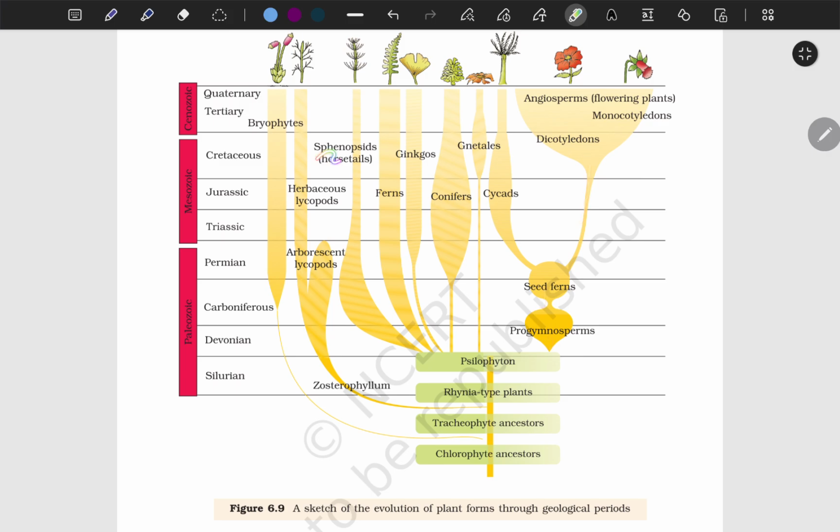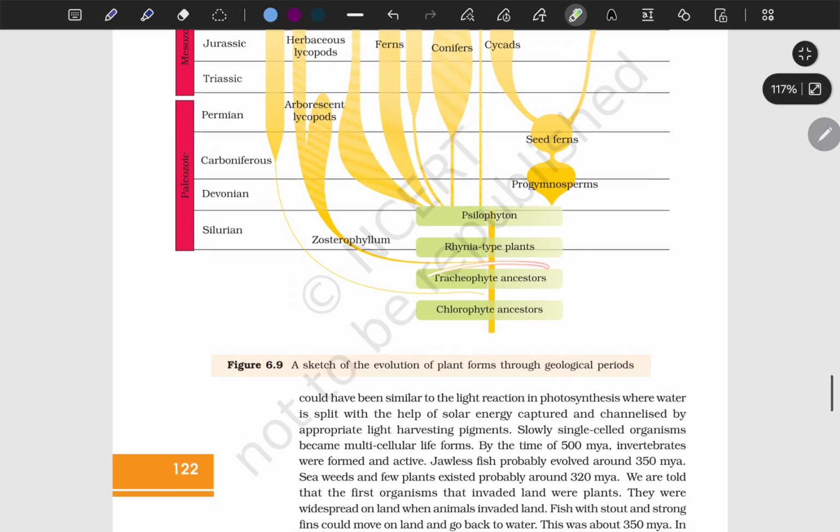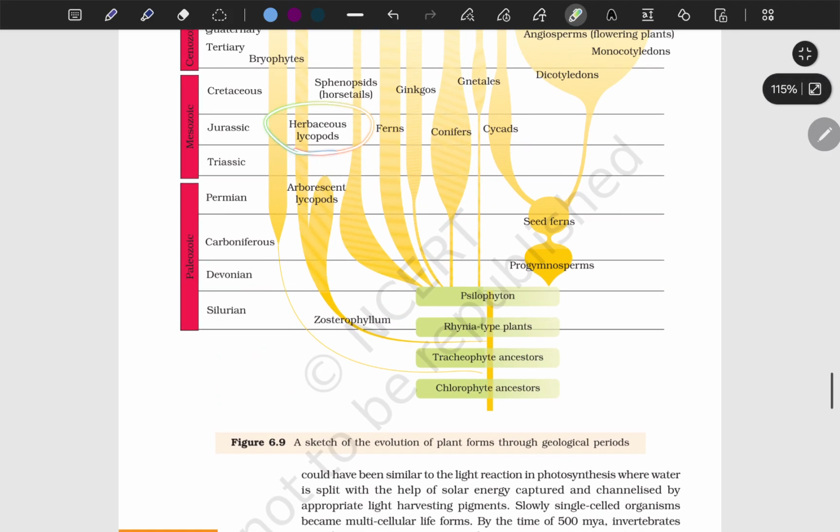So basically from pteridophytes to gymnosperms and angiosperms have taken rise from the Coelophyton only. And Rhynia-like plants do not give rise to anyone. And the tracheophyte ancestors give rise to Zosterophyllum, and then the arborescent lycopods and the herbaceous lycopods. Whereas the chlorophyte ancestors give rise to bryophytes.